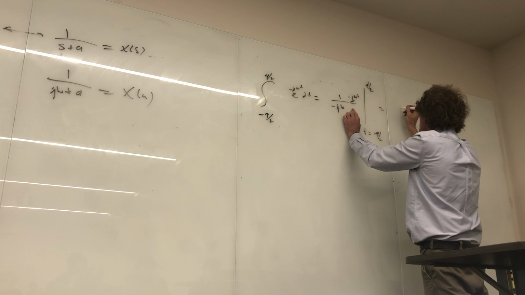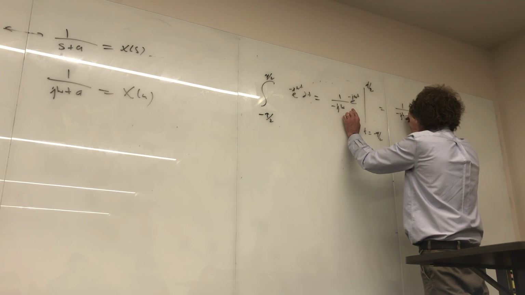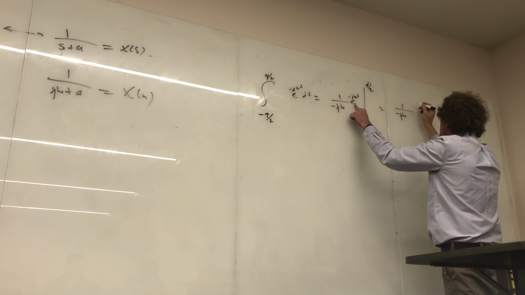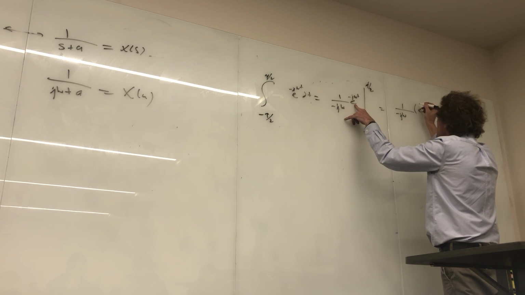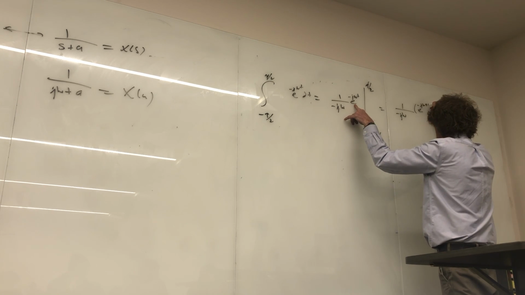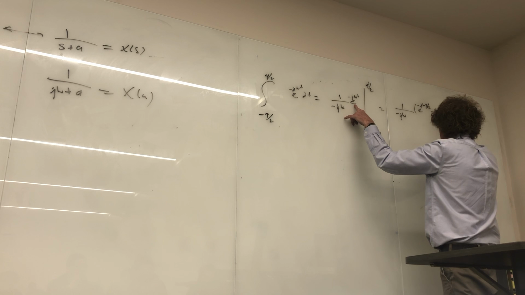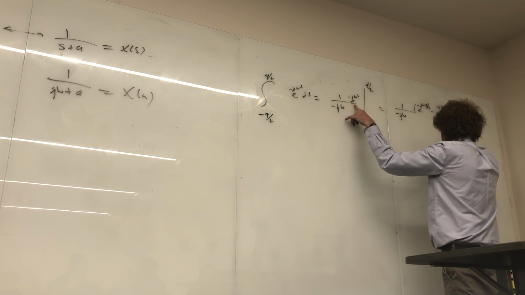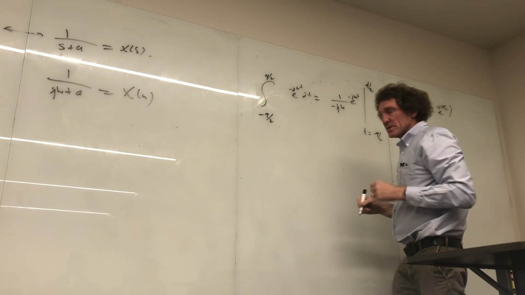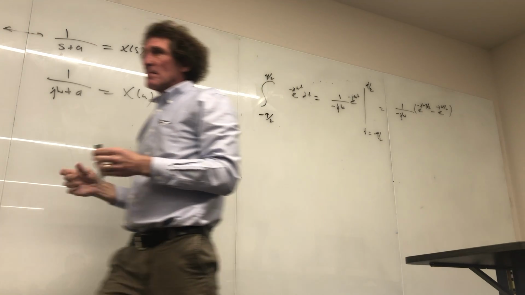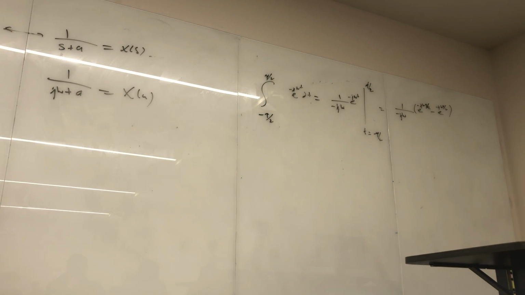So I have 1 over minus j omega, then e to the minus j omega tau over 2, minus e to the plus j omega tau over 2, correct? Please write that down. Just take a look at what I'm doing. I'm simply plugging in the limits after I do the integration. Y'all agree with me?